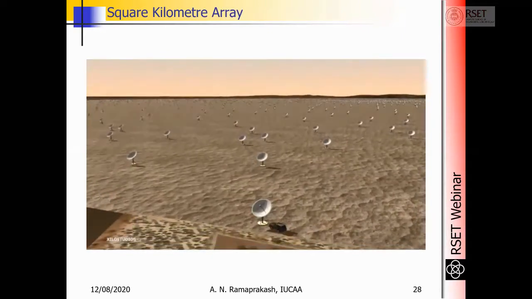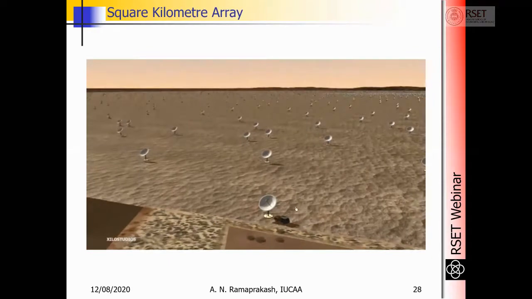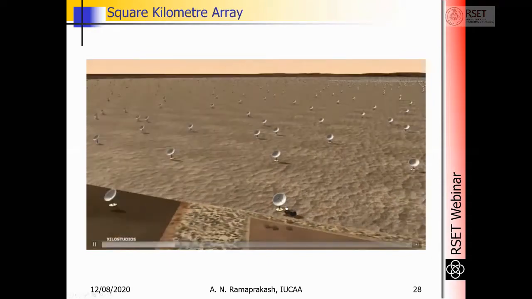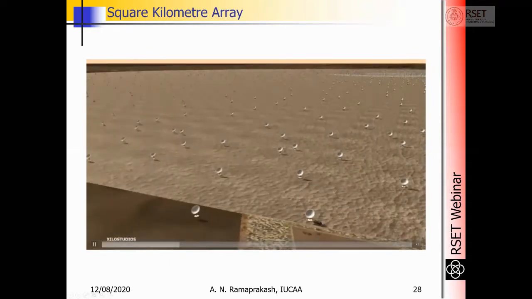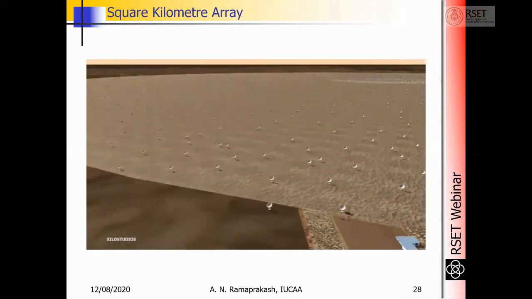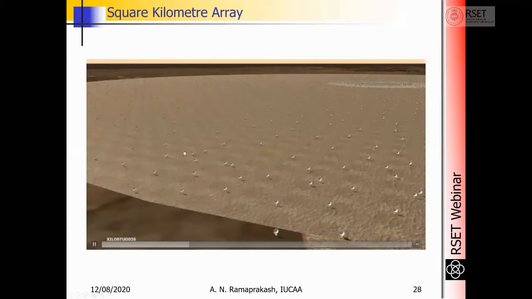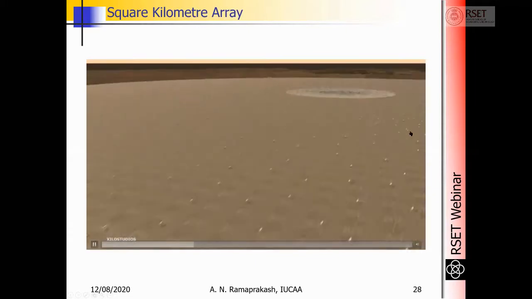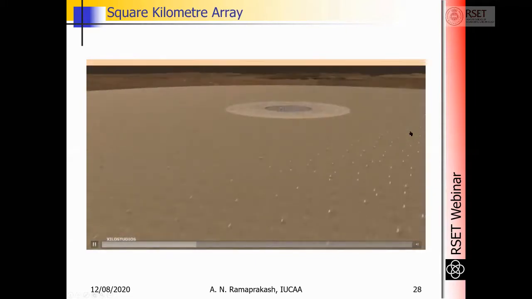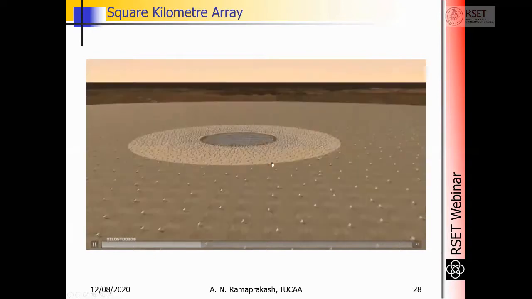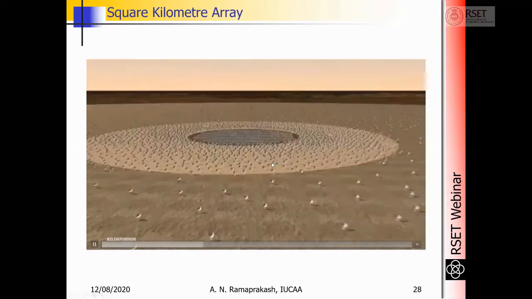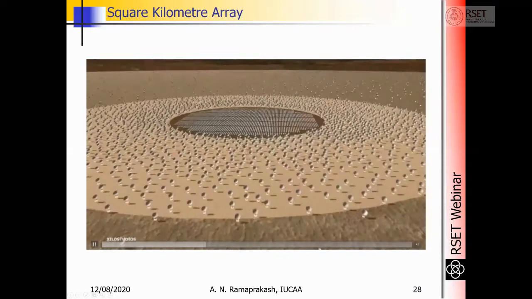So you can see a big area full of telescopes, full of radio antennae. Huge area full of radio antennae. It's kilometers across, tens of kilometers across. And then there's a central part in which the antennae are packed more densely.